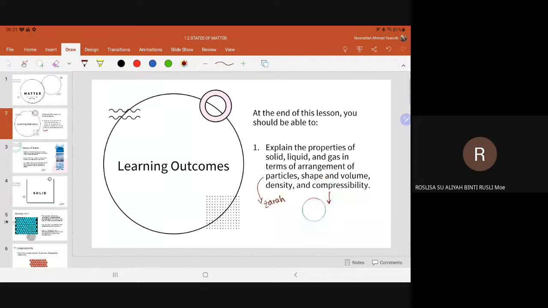Compressibility means kebolehmampatan. Okay. So this is something that you have learned in secondary school in chemistry. So this is more of a recap, so we can go through it briefly.